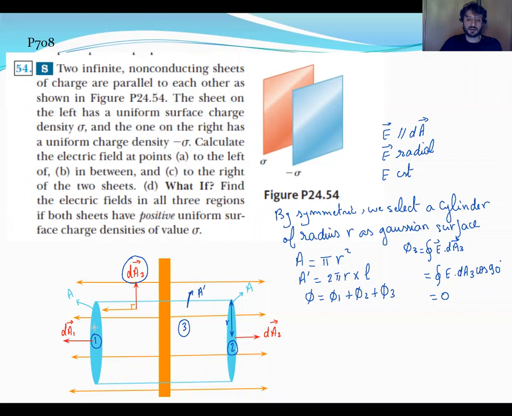E at this point is the same as on this side, because it's at the same distance from the plane. The same for the other side. E is constant, so it's okay. Now we take side 1 and side 2. These sides respect the 3 conditions.